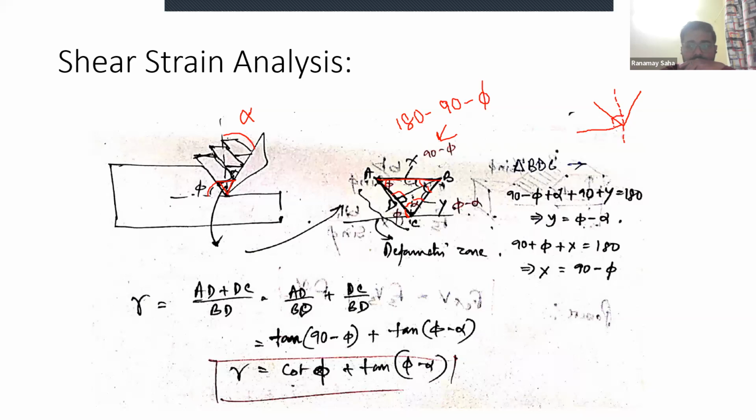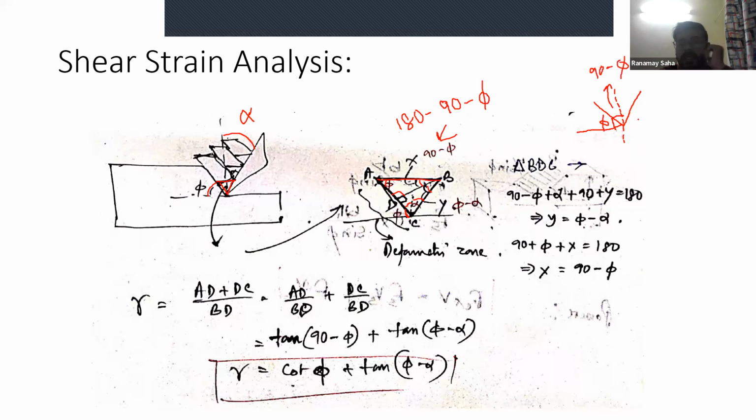This angle is 90. This one is phi. So this should be 90 minus phi. Okay, and this one is alpha. So the total angle becomes 90 minus phi plus alpha, right?